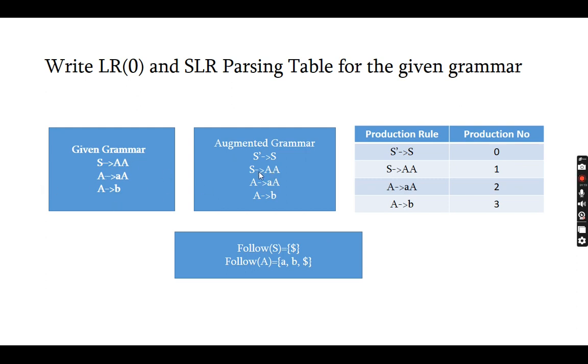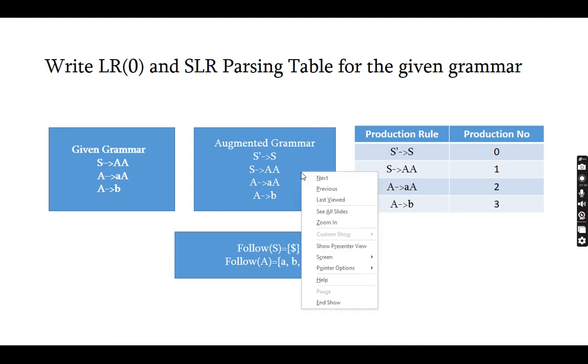So you have to add one augmented production to the grammar in order to make it augmented. Now it is an augmented grammar, with a new production S dash derives S, and the remaining productions as usual.